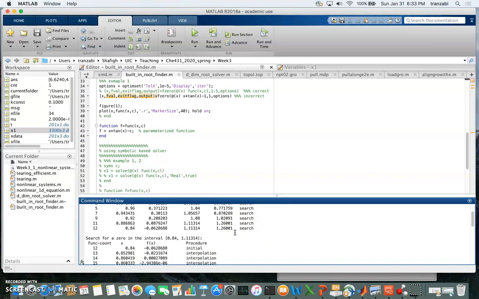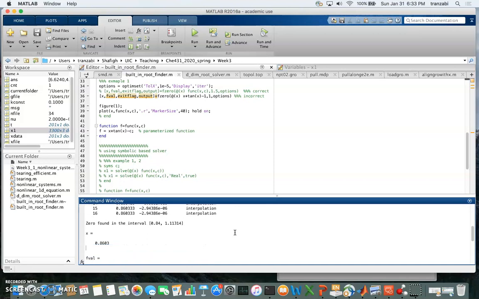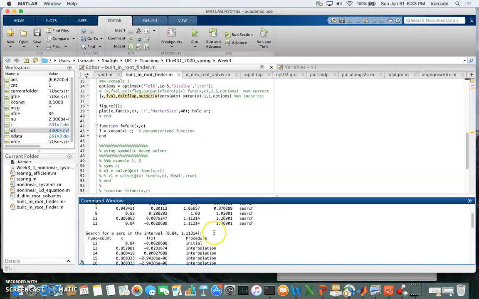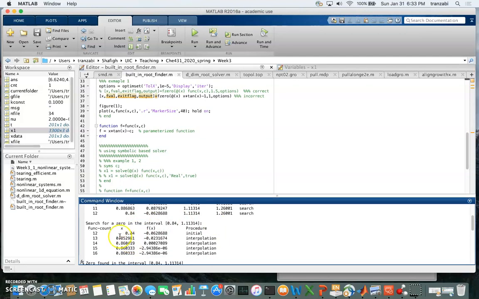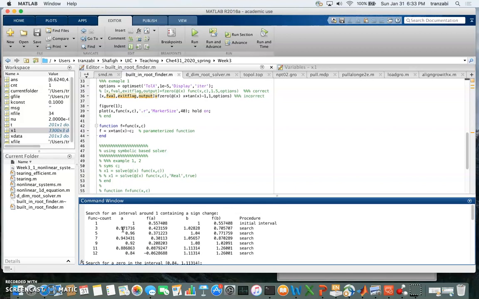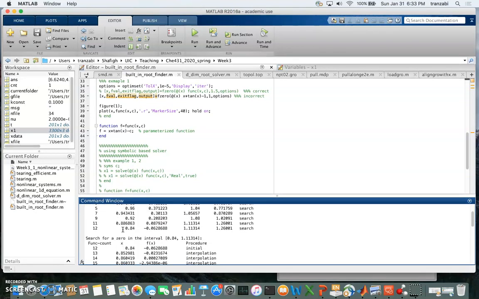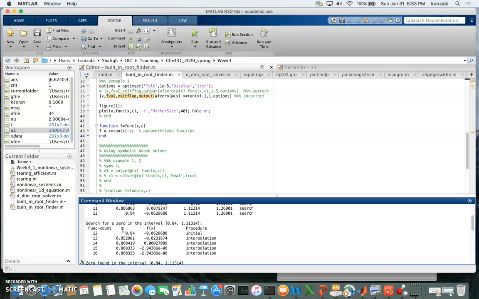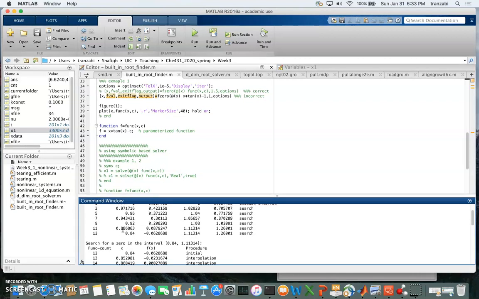Okay, so this is the total number of iterations, and then the solution. I think this is the lower bound, upper bound, as well as the average. We know that in bisection, x is going to be either the left or right, depending on which one changes the sign in every iteration.